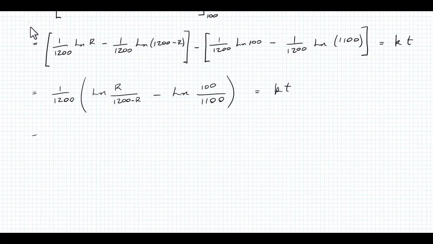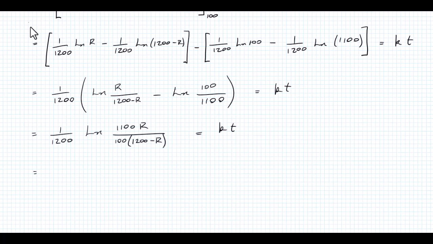Okay, so the next step then is just to look at what's in here. So we leave this out here, 1 over 1200. And this is just going to become log of this divided by this. So I'm just going to flip this upside down and multiply. So it is 1100 R over 100 times 1200 minus R. And that's equal to kt.